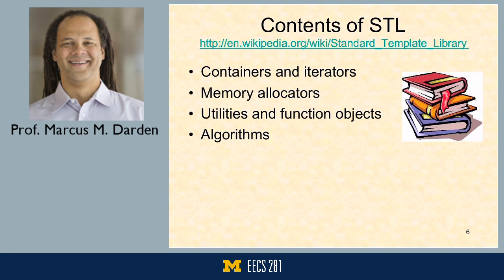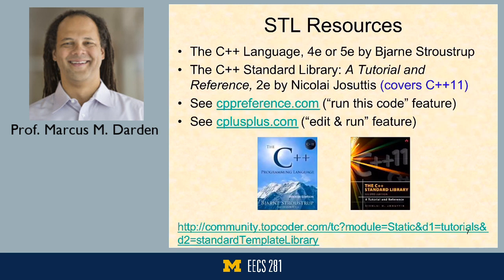That's something that if you want to customize, the STL has the ability for you to do that. So if you've got some other resource constrained environments, or you've got a particular way that you need memory to be allocated, that's available as a flexibility in the STL, just not something we use in 281. There's utilities in there and a strong use of function objects. And of course, there's algorithms, plenty of those in there.